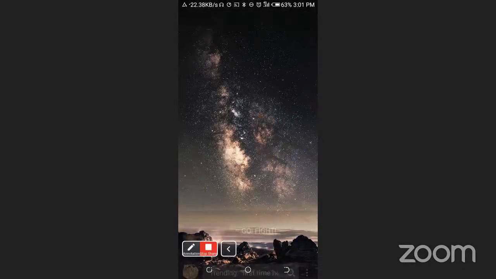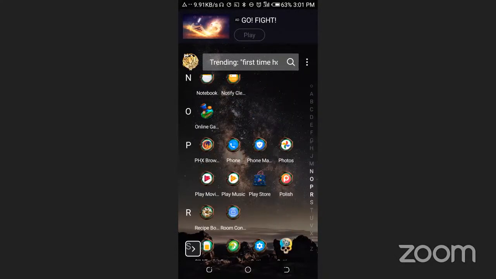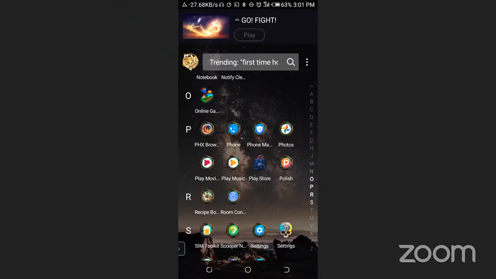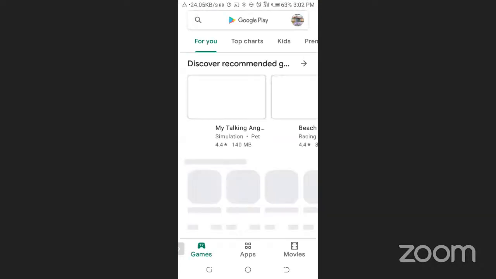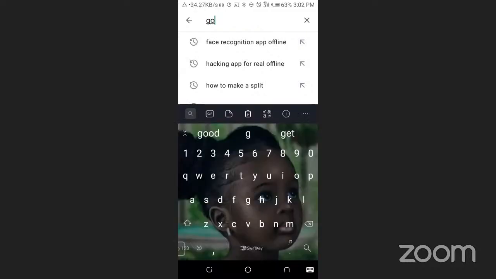So when you're going to Google Classroom, you first download the app by going to Play Store, which is right here. And then you have to search for Google Classroom.